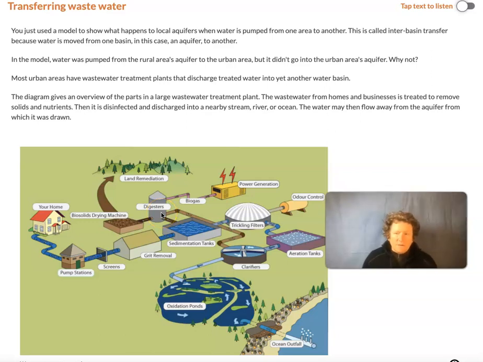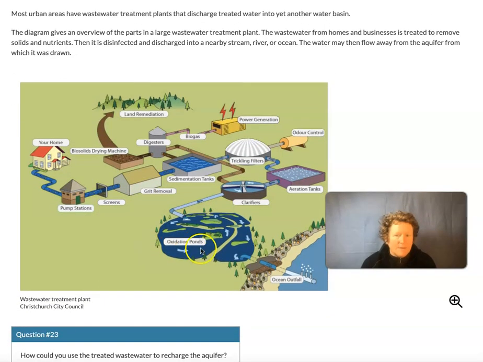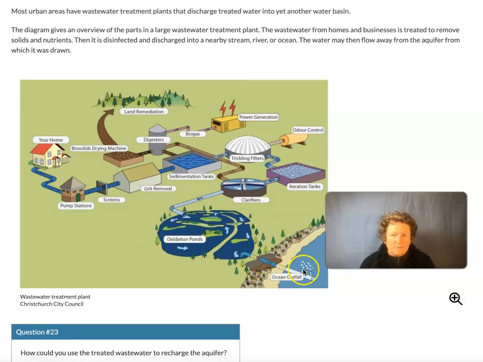The digestion gets all the organic solids out of it. And then there's filters and aeration and clarifying. It sits in oxidation ponds. You may have seen this at a sewage treatment plant or wastewater treatment plant in your community. And then it can go to the ocean. It can go to a river. Maybe it goes to a big lake.